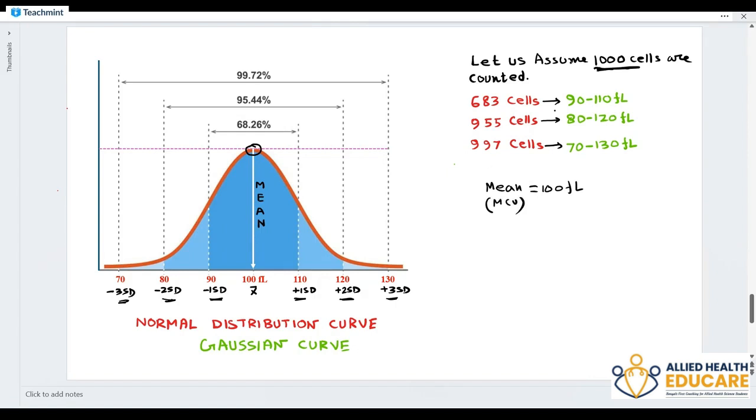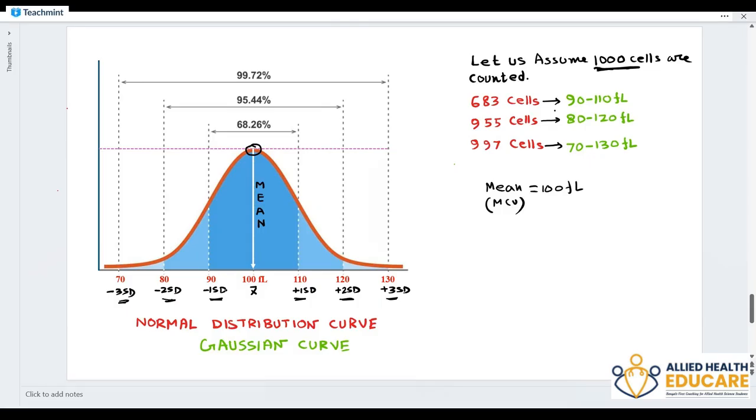Now the machine counted 1000 cells. In 1000 cells, 68.26% of cells lie between plus 1 SD and minus 1 SD. This is the rule of the Gaussian curve or normal distribution curve.